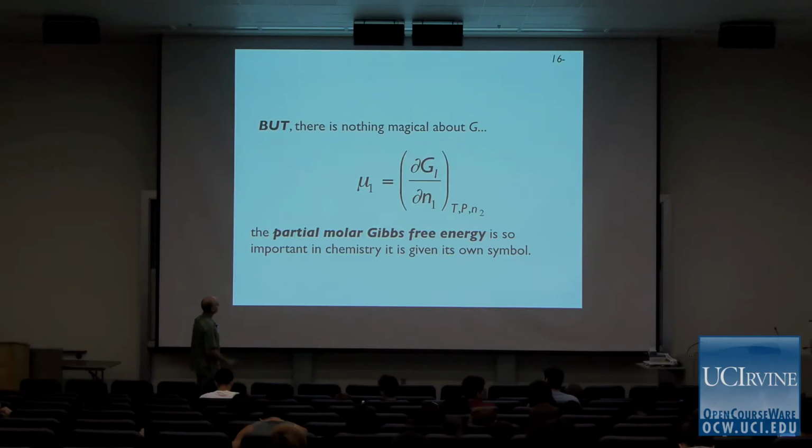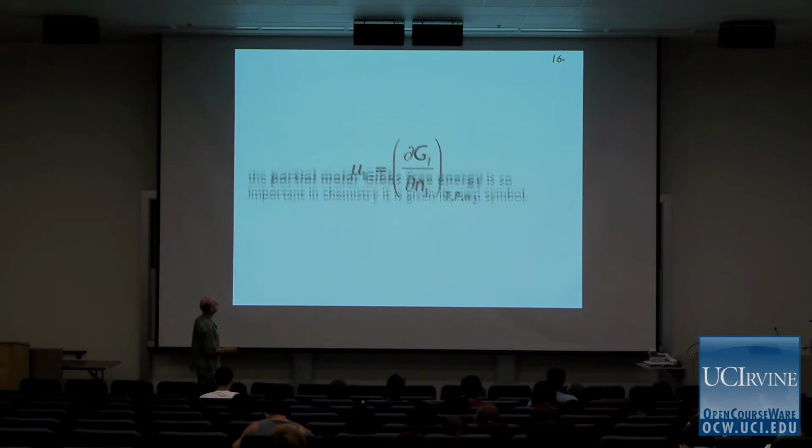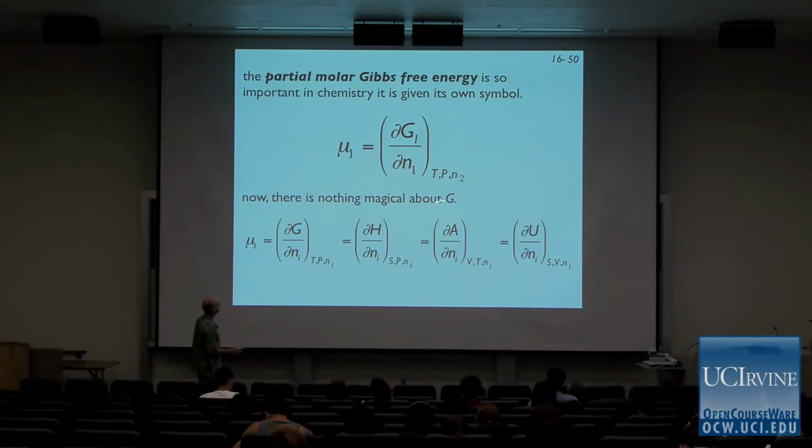So we express the chemical potential in terms of the Gibbs function. It turns out that you could equally well express this chemical potential in terms of the enthalpy, the Helmholtz energy, or the internal energy.